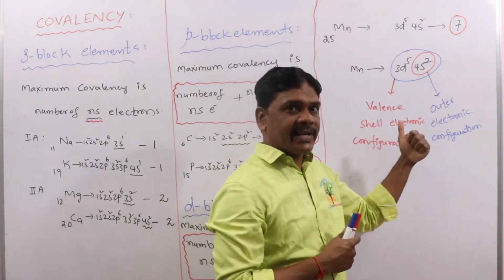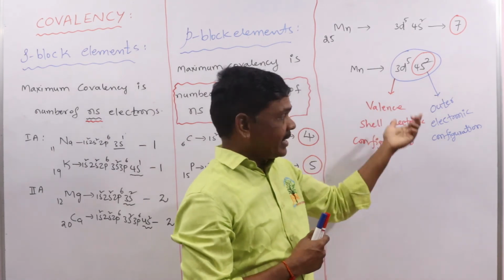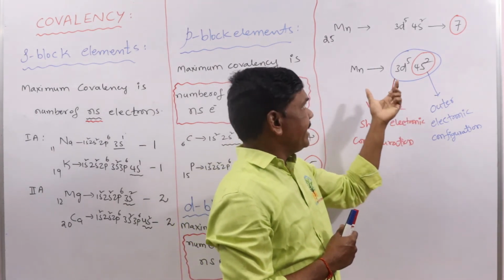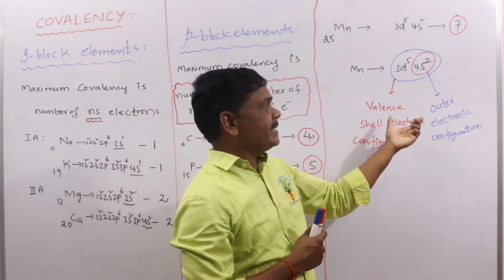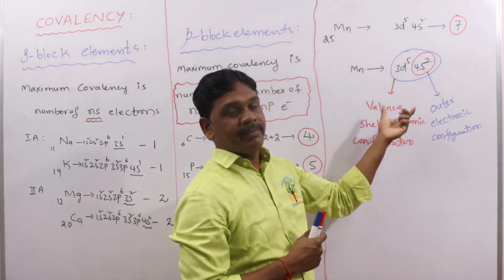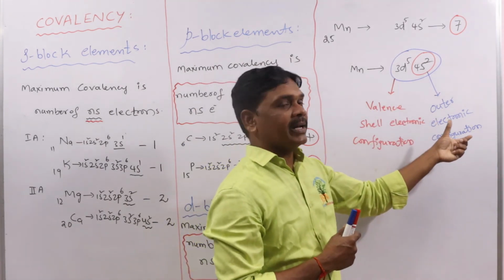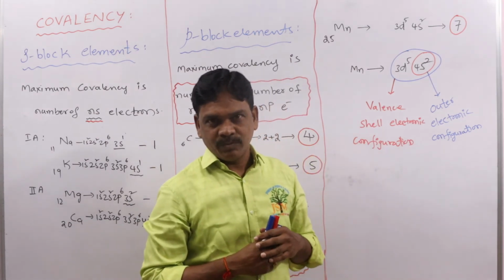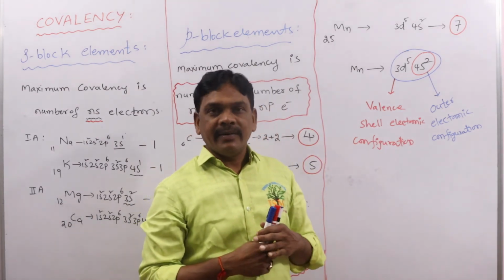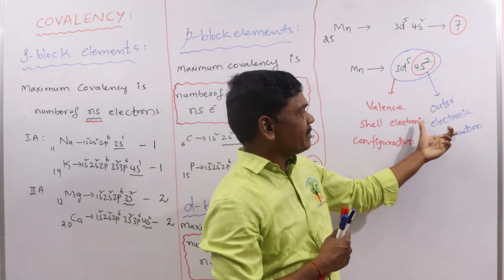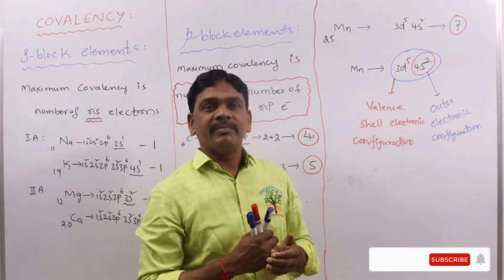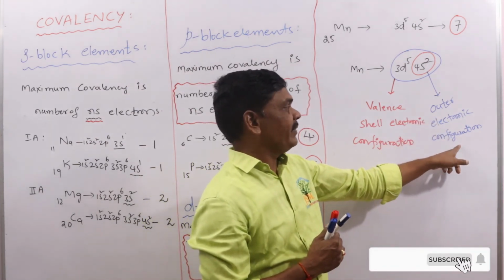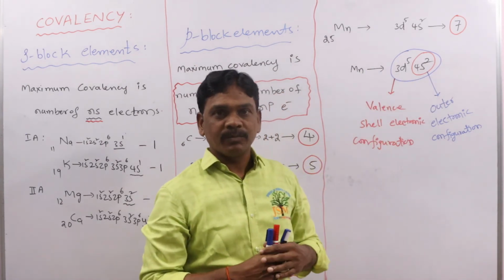But whenever they are asking questions, the question may be like this: in manganese, what is the maximum covalency of the outer electronic configuration? The outermost electronic configuration gives 2 only.